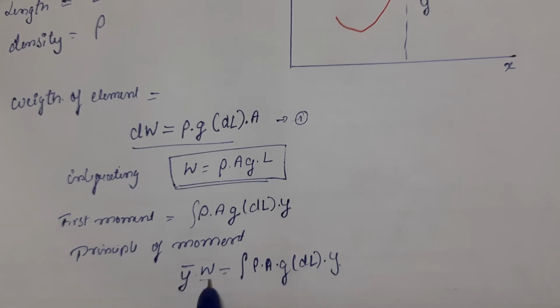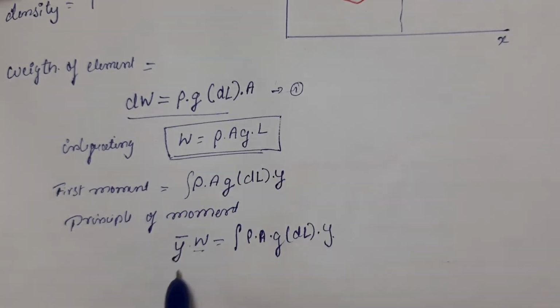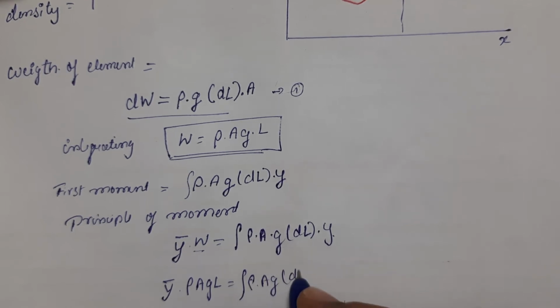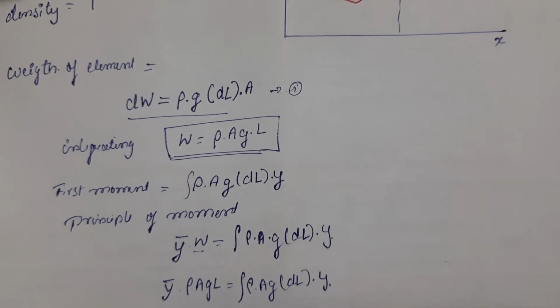So we know the value of W here, so substituting, y dash into rho A g L is equal to integration of rho A g dl into y.